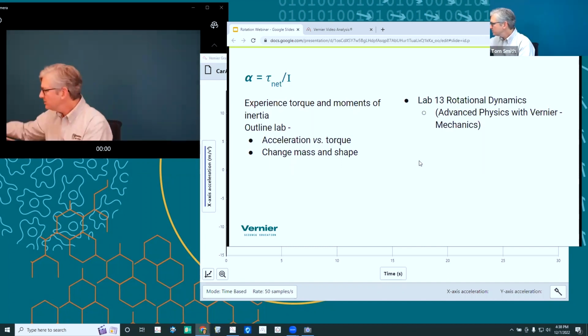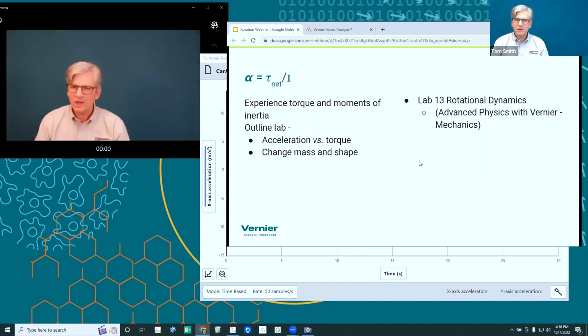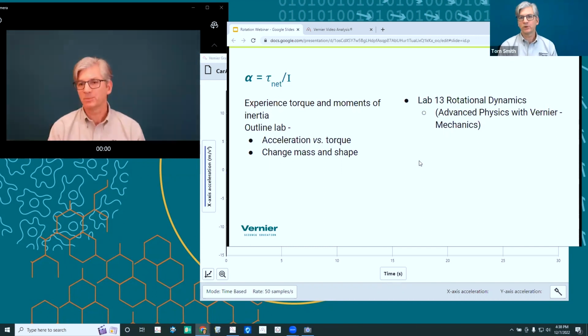And then with regards to torque, I would often just have them experience opening a door by using the middle of the door versus the handle. So they get an idea that moment arm really makes a difference when you're talking about things rotating.